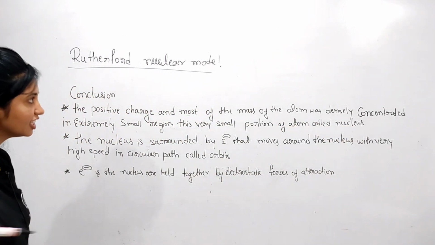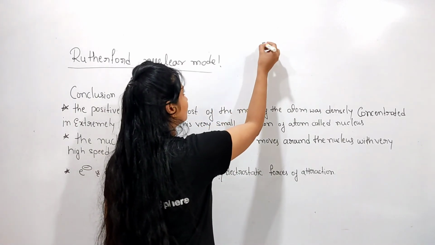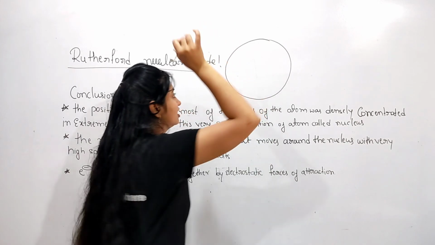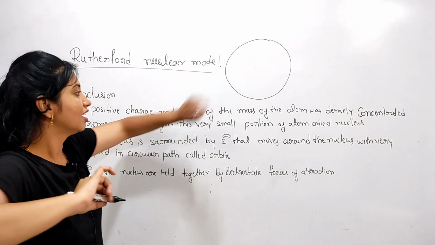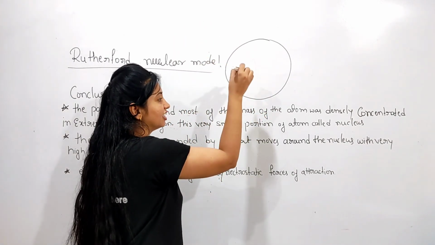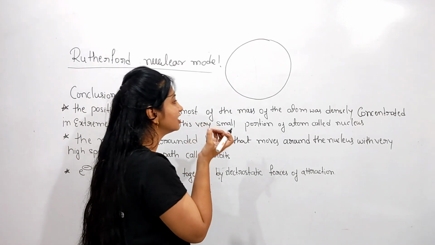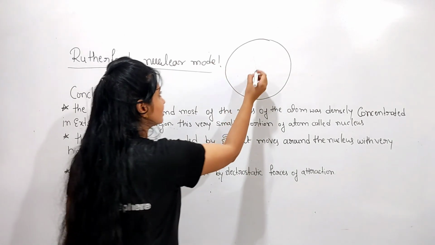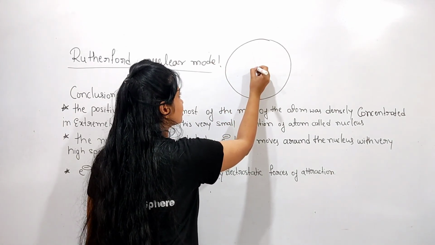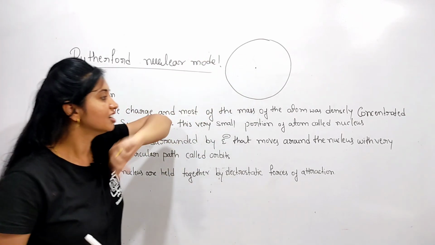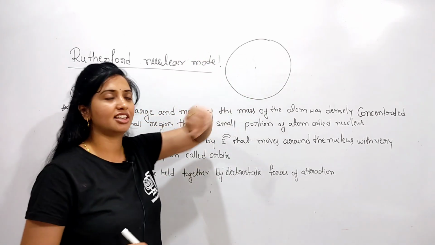So here he told us, this is an atom. At the center, the heavily concentrated mass is there. It is a very small portion, so it is called the nucleus.